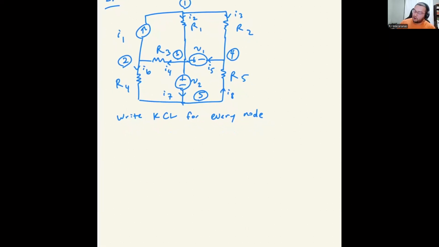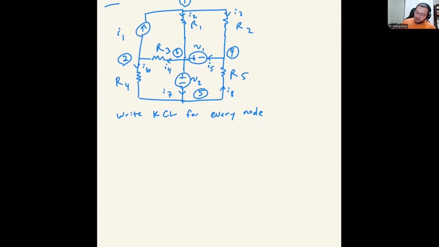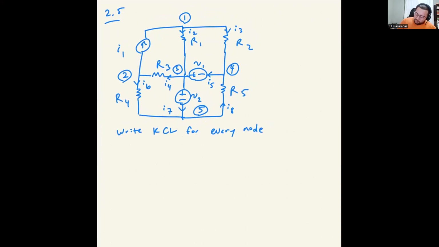You'll probably be wrong most of the time, and that's okay. So we're going to start off with node 1 here. I've got I1 going in, and I've got I2 and I3 going out, and that's equal to 0.